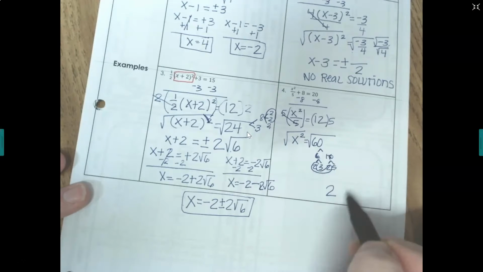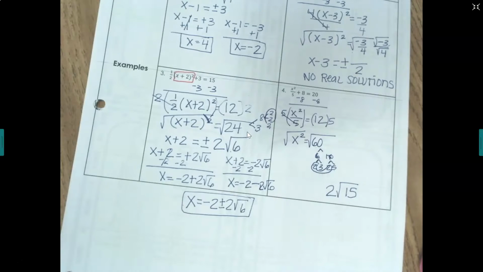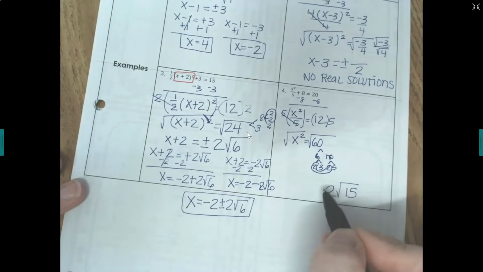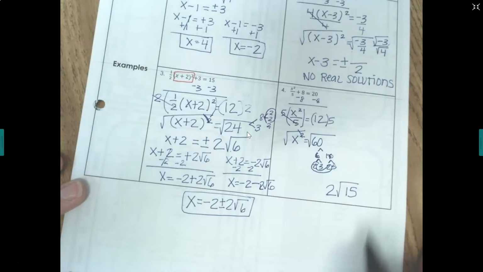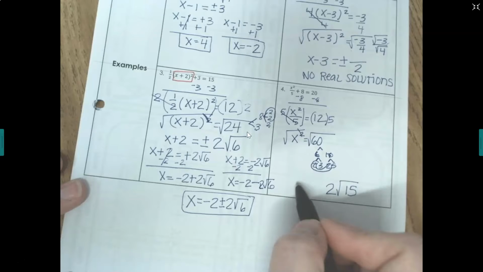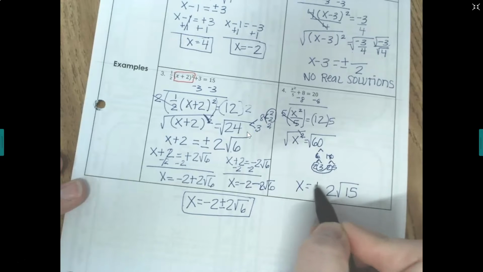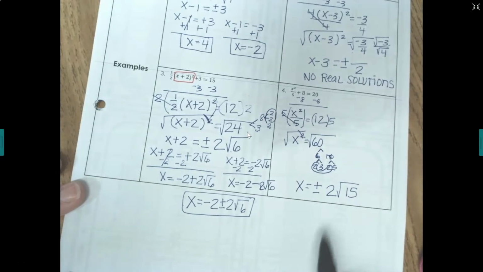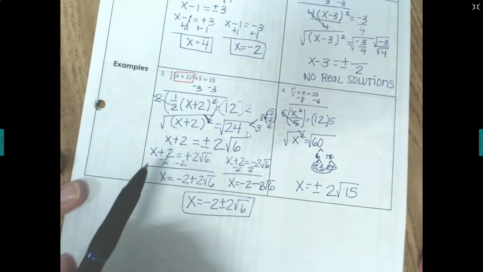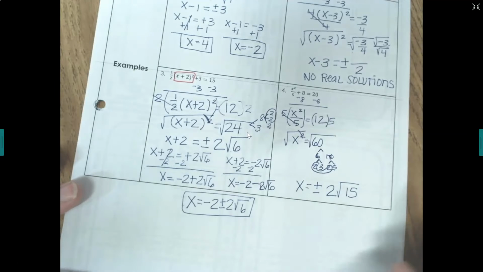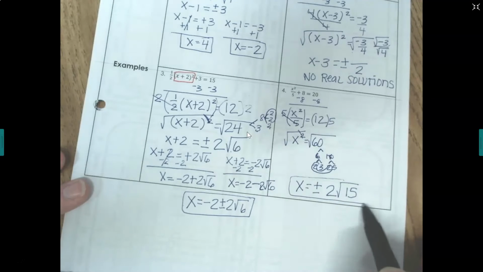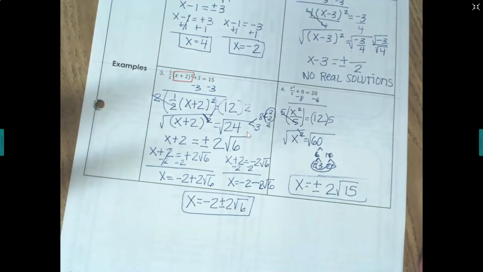And we have a 3 and a 5 that are going to go back underneath. So it would be 2 square root 15. The radical cancels the squaring, leaving just x equals plus or minus. Now x was alone because everything else canceled out from that side, so we don't have to worry about moving anything else over. That's going to be our final answer there.